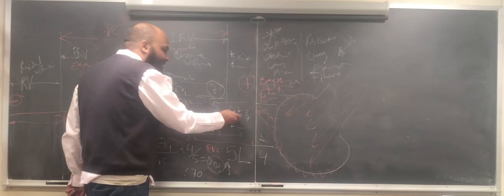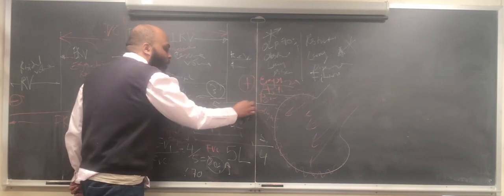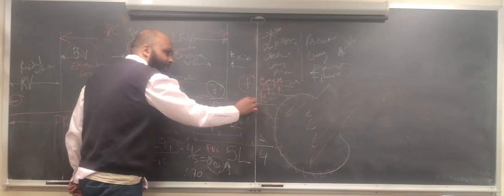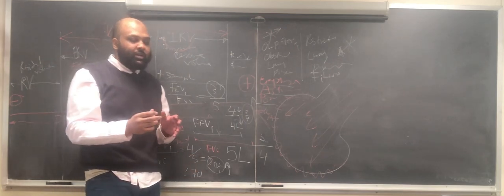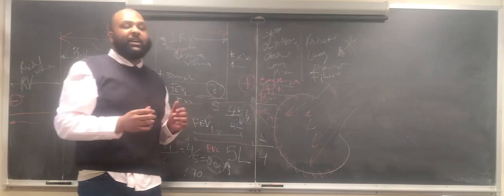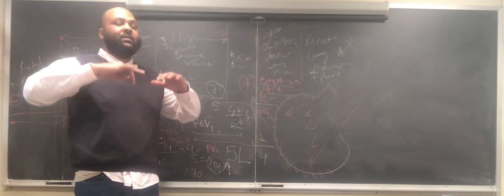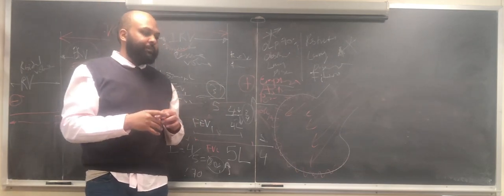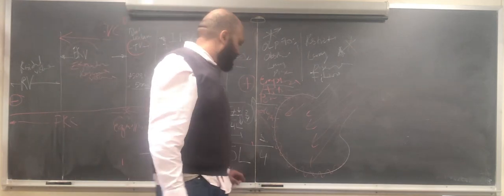So when you make the denominator low, the overall number will be high. So the patients who have restrictive lung disease will have 80% or higher. And patients with obstructive lung disease, they will have 70% and lower. So now let's go in the lab and find out.